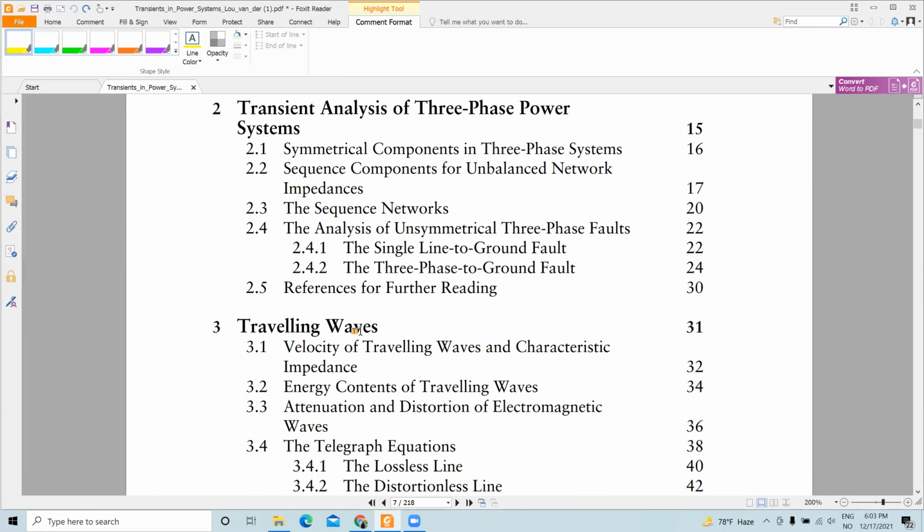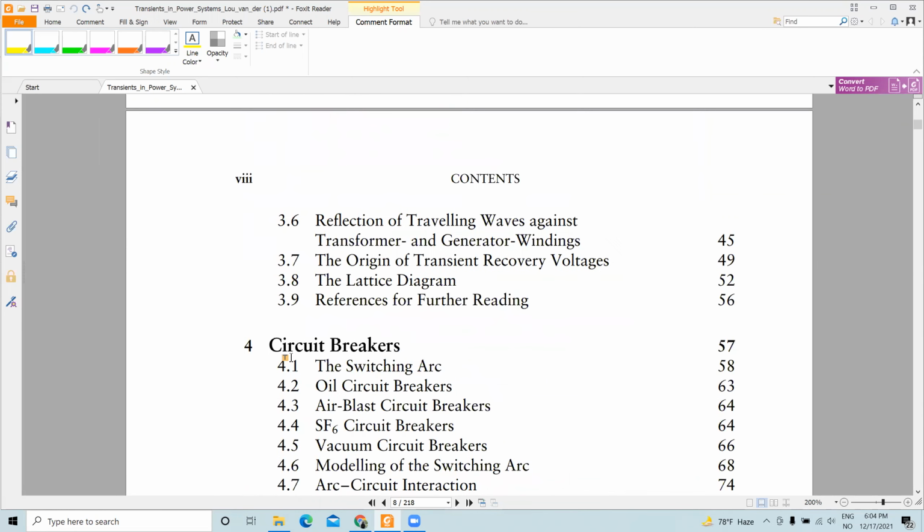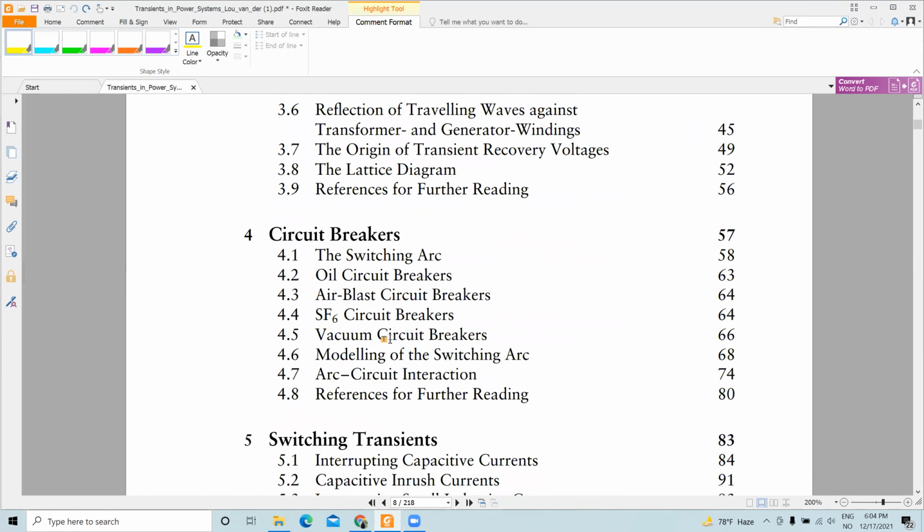And then before mid, we will also have traveling waves. So this is a very important topic that we will cover, inshallah, before mid. And lastly, circuit breakers. So up to mid, I hope to finish until circuit breaker, chapter number 4.